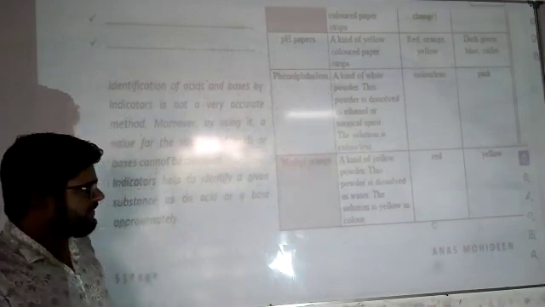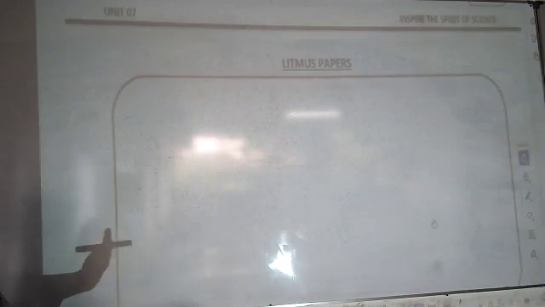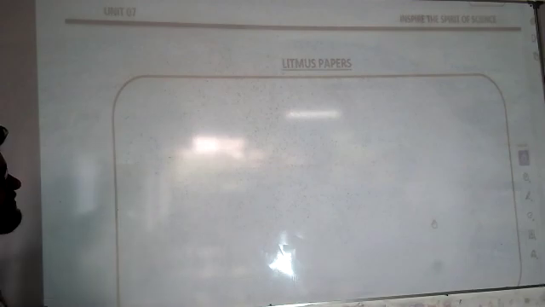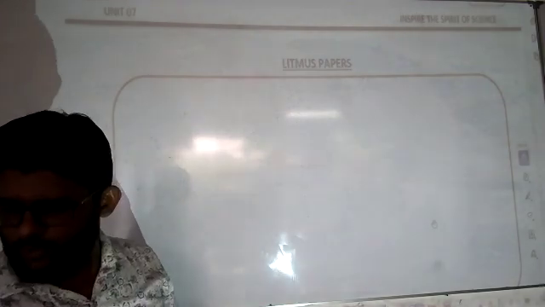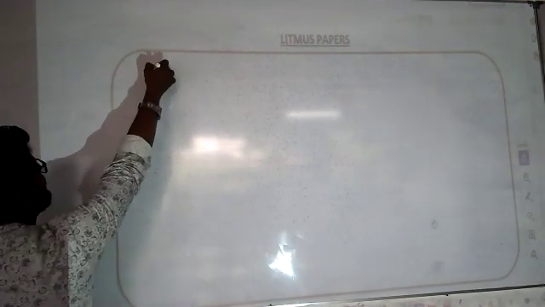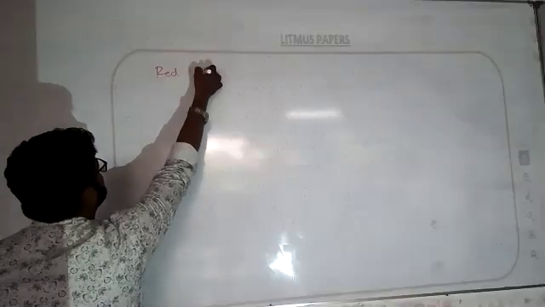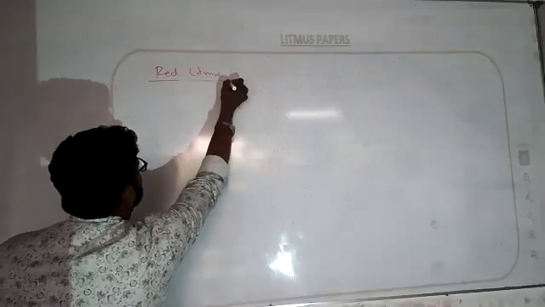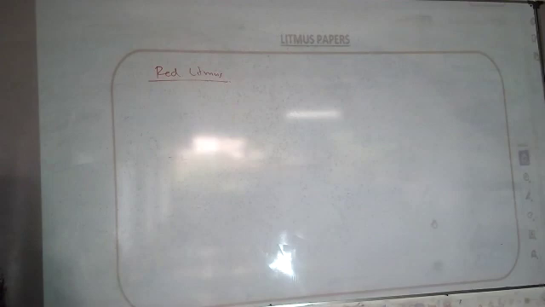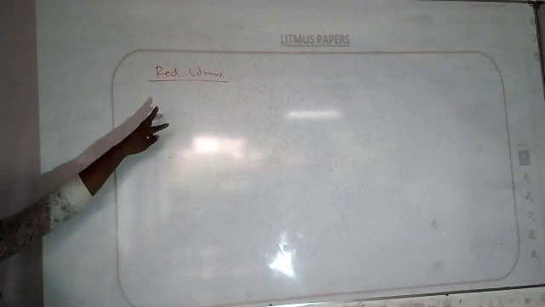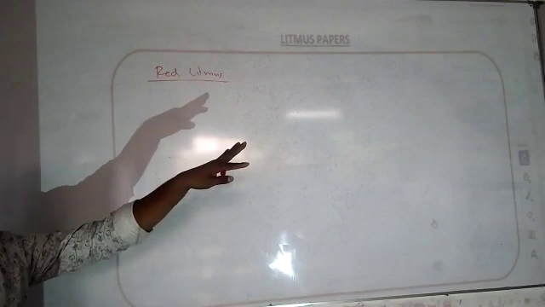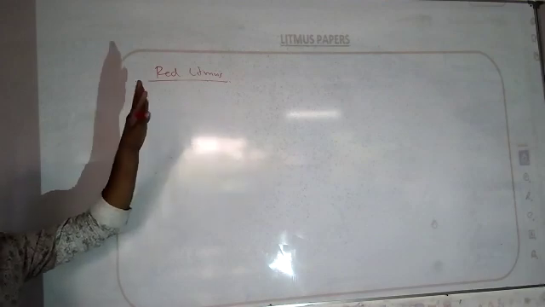Furthermore, we use these indicators to identify whether a liquid, solution or component is acidic or basic. For litmus papers, we have 2: blue litmus and red litmus. When you apply red litmus in an acid, it remains red.